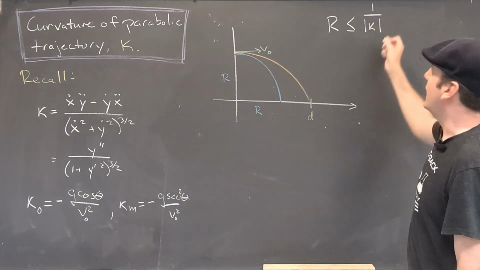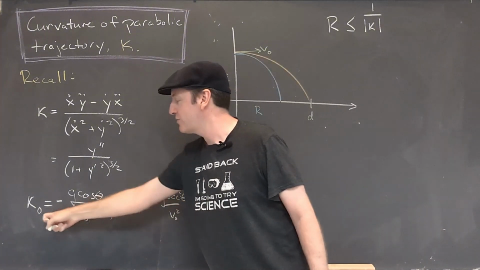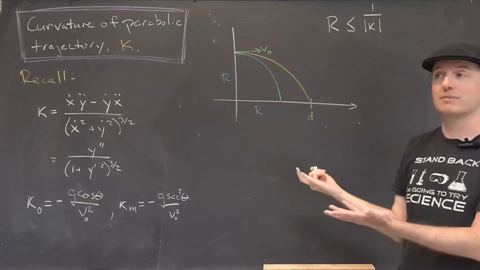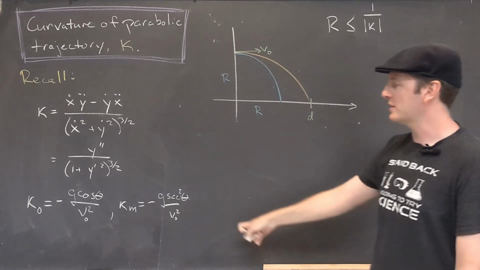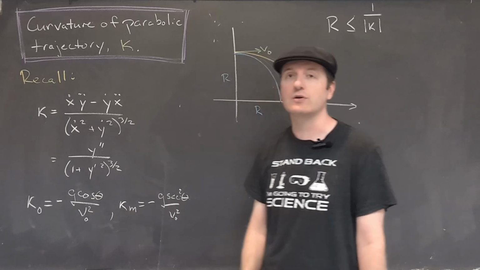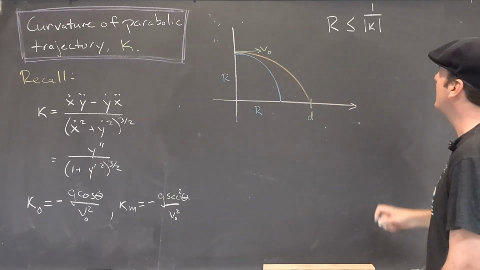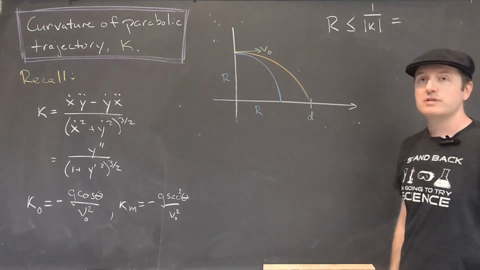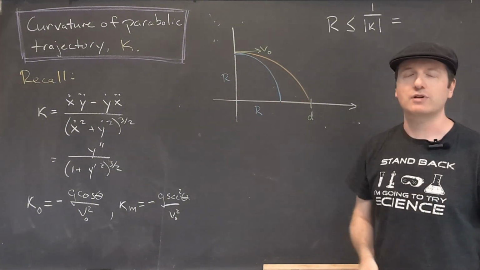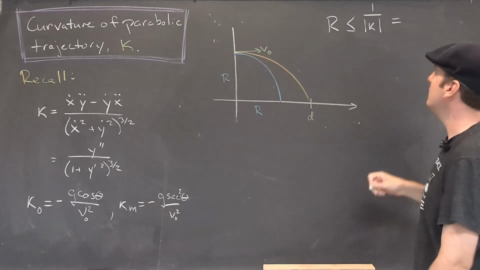Now, I could either use the curvature at the launch point or the curvature at the maximum formula. They're the same in this case because I'm launching it from its maximum. Notice that theta equals 0 here, so secant squared of 0 or cosine of 0 will give me the same result. I do want the absolute values here because, of course, the curvature is negative, but I'm looking at a radius of curvature, and that really should be a positive value.